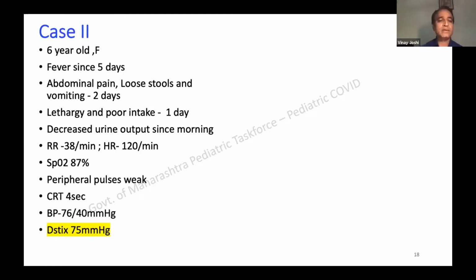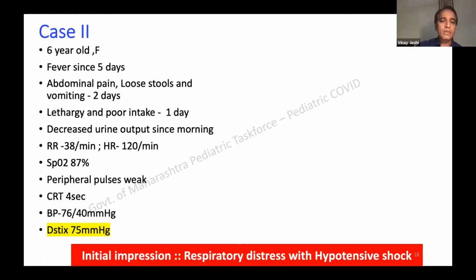If you go by the age criteria, the child was definitely hypotensive and the sugars were normal, that is 75. So on initial evaluation, our impression was respiratory distress with hypotensive shock.